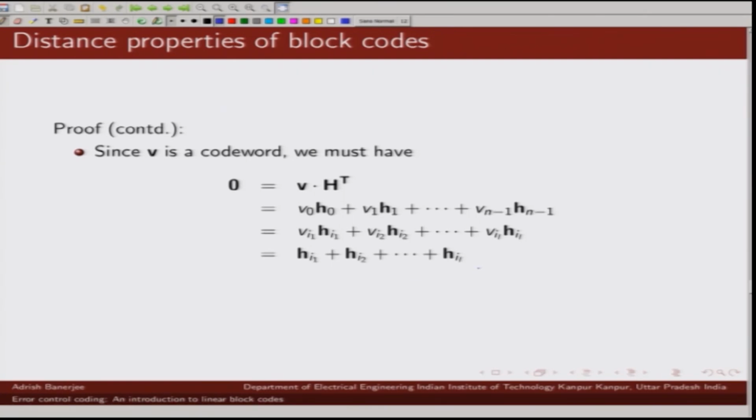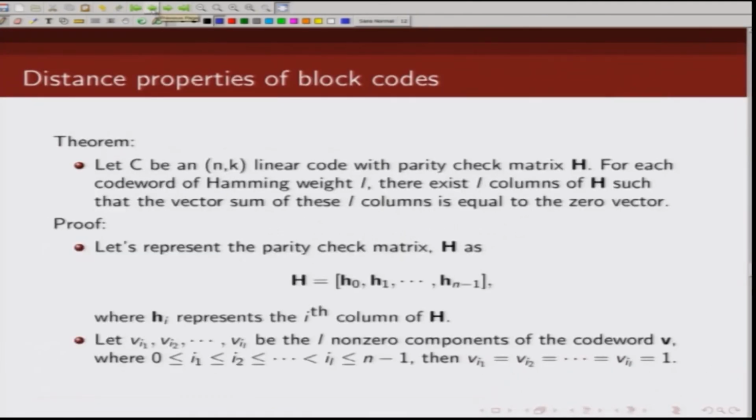So, what does this say? It says that if we do the vector sum of these L columns of the parity check matrix, then the vector sum is 0, and that is what the theorem is about: for each code word of weight L, there exist L columns of the parity check matrix whose vector sum is 0.